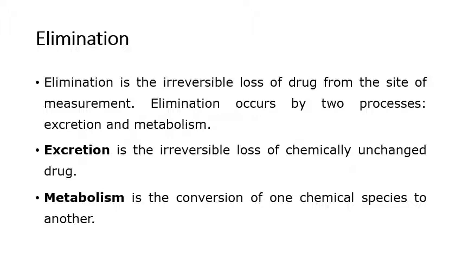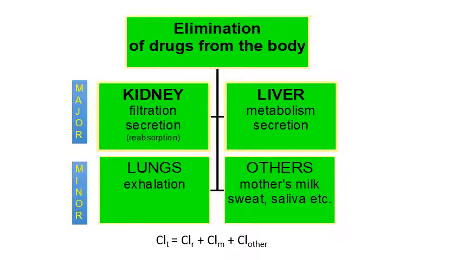Both of these processes will cause the loss of a drug from the plasma. The loss could be either by excretion of the drug out of the body, or the conversion of the drug to a chemically different compound. The elimination of a drug from the body will normally occur through different organs. The main organ for the excretion of a drug is the kidney, through filtration and secretion, and there is a chance of reabsorption.